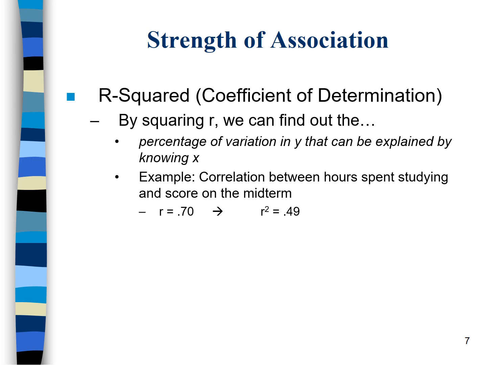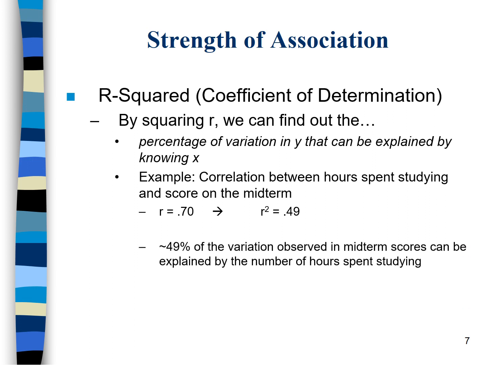So how does that look? It looks like this. I take that canned statistical language of the percentage of variation and apply it to my variables, which were hours spent studying and score on the exam, and I introduce the actual value I got for R squared. So translating into that language, approximately 49% of the variation observed in midterm scores can be explained by the number of hours spent studying.